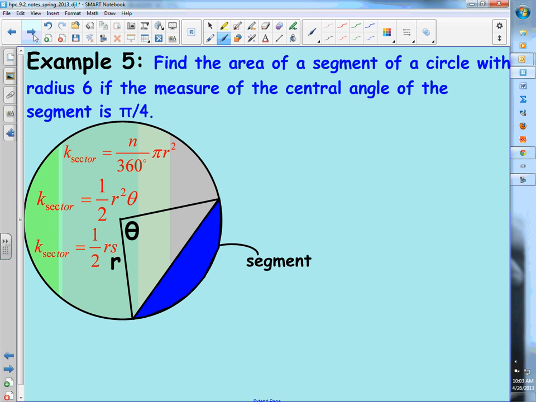All right, so quite a while ago, maybe 7, 8 weeks ago, maybe more, we were talking about sectors of a circle, and how to find the area of a sector. Does anyone remember what a sector is?